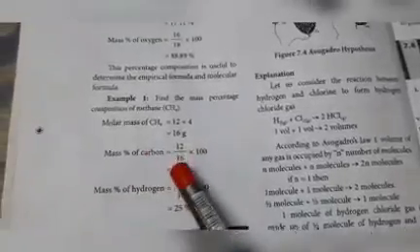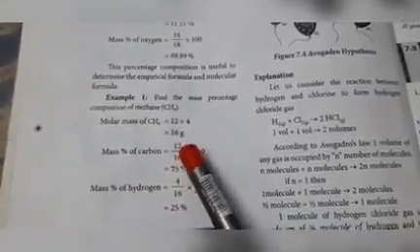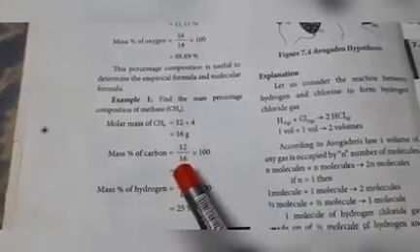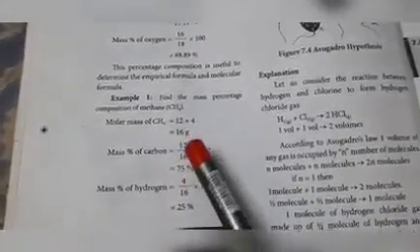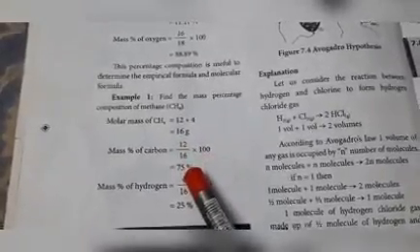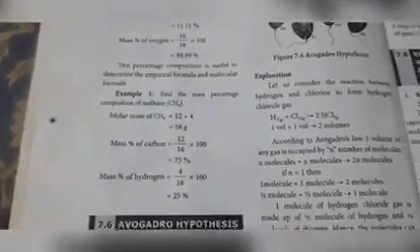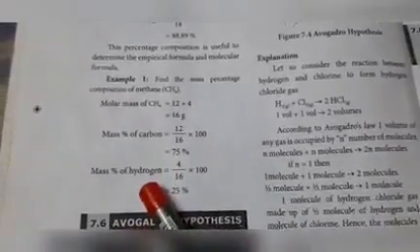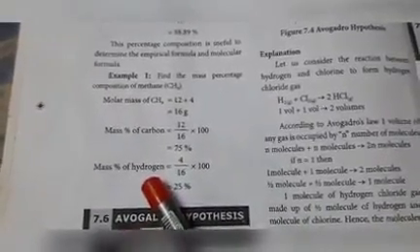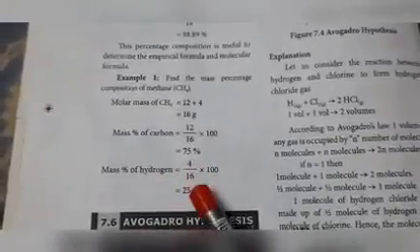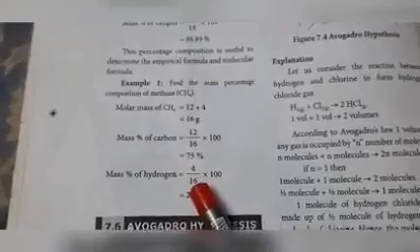So mass percentage of carbon is equal to mass of carbon, that is 12, divided by molar mass of methane, that is 16 gram. So 12 by 16 into 100. If you simplify, you will get 75 percentage. Like that we calculate the mass percentage of hydrogen: mass of hydrogen divided by molar mass of methane.